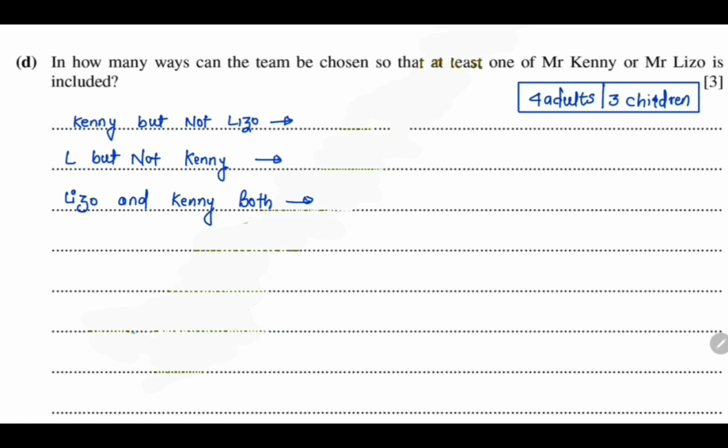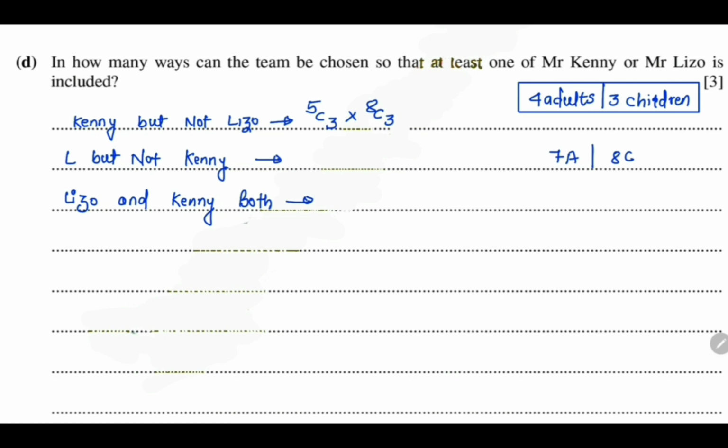We have to select 3 more adults. Total number of adults were 7, and total number of children were 8. So one adult, Kenny, has already been included, so we are left with 6 adults. We don't have to include Lizzo, so we are left with 5 adults. So now we have to select 3 adults out of 5, and we have to choose 3 children out of 8. So this is 5C3 into 8C3.